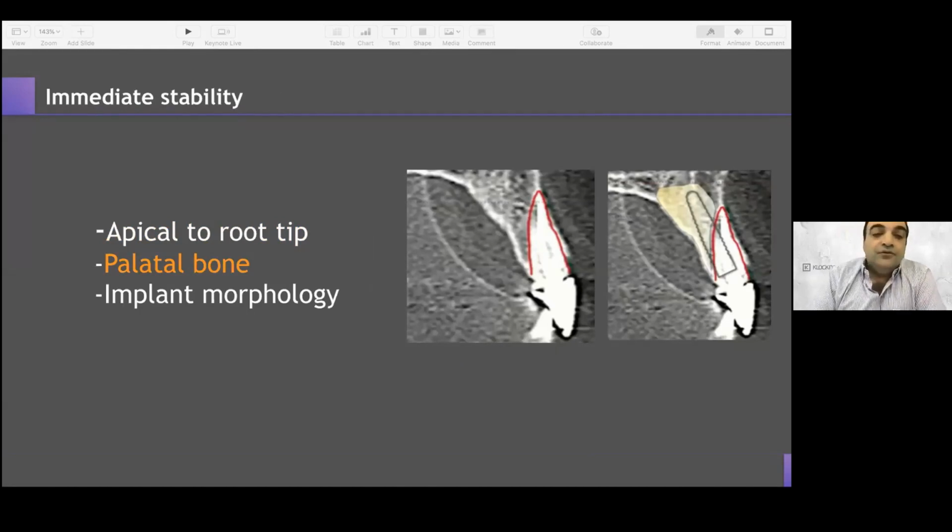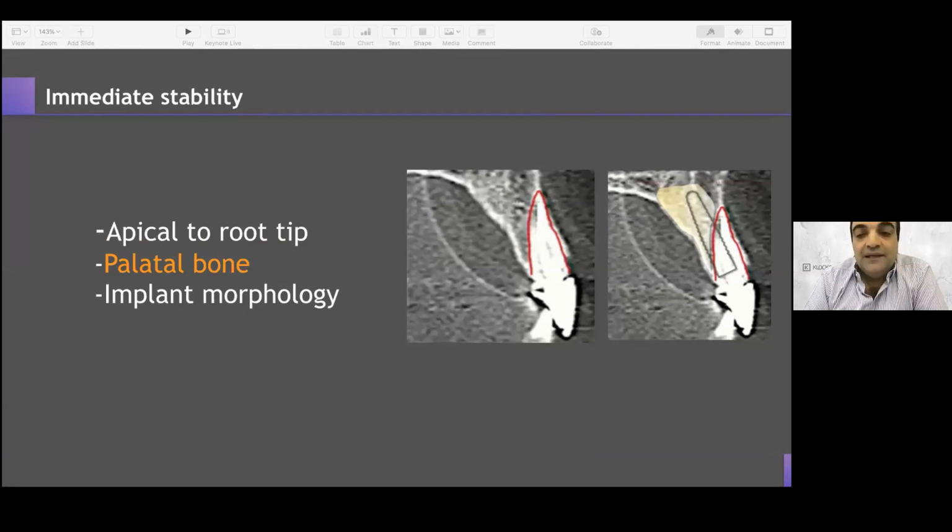As I told you, the palatal bone is very important for our immediate stability. We are going to place our implant in this palatal bone. We don't place our implant in the socket, and we are not going to do preparation in the same direction as the socket. We are going to use this palatal wall.